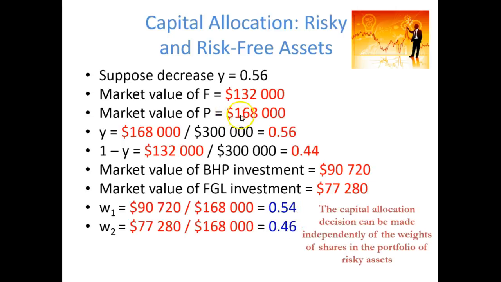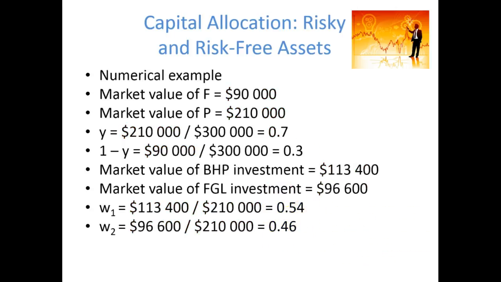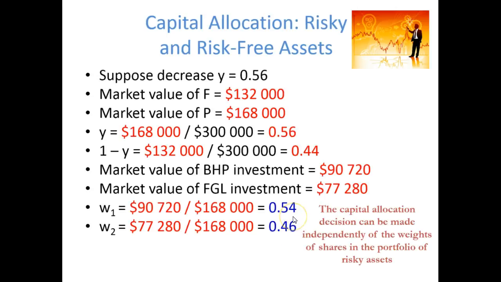So if this $168,000 that we now have in our risky portfolio comprises $90,720 in BHP shares and $77,280 in Foster's Group shares, we can actually see down here that we have the same weighting across those two securities as we did before. So despite the fact that we changed our asset allocation decision, we don't have to change the weightings in terms of security selection.